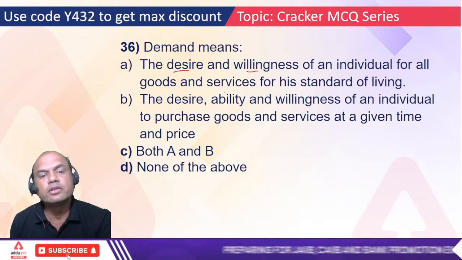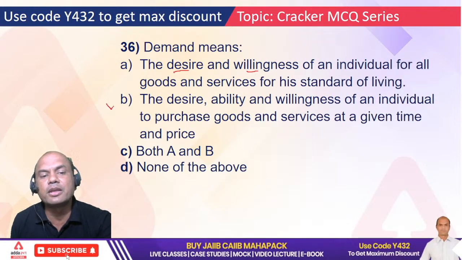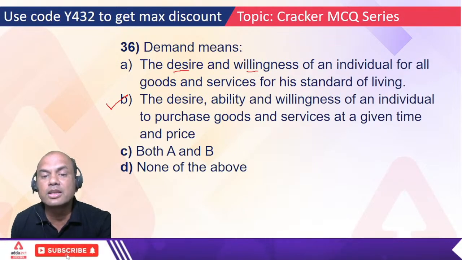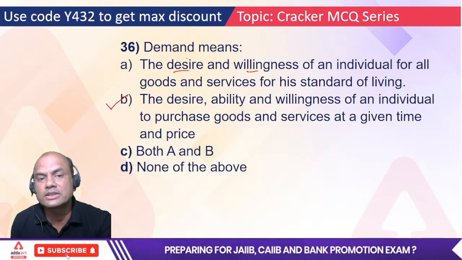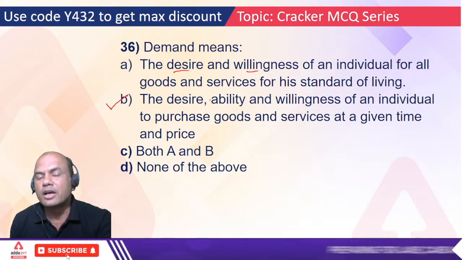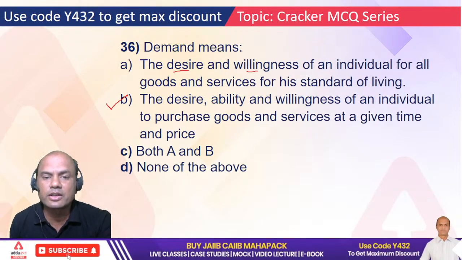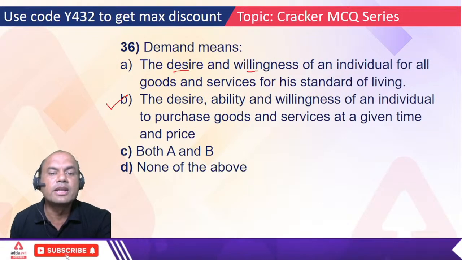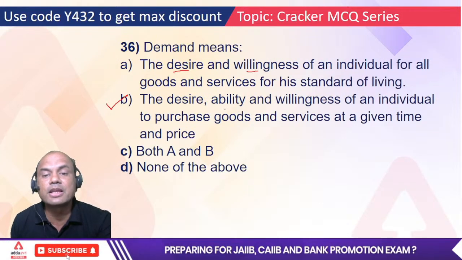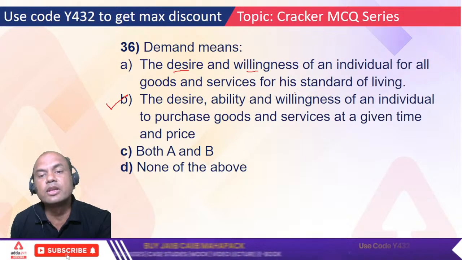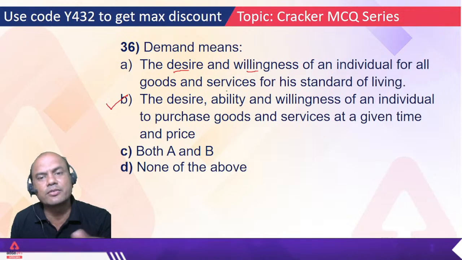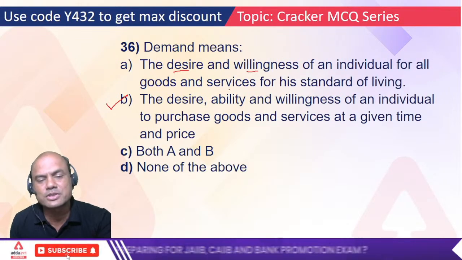So the correct answer is only B. The desire, ability and willingness, all three things should be there, then only it's called demand. Otherwise, if wishes were horses, beggars would ride, isn't it? That's the logic. Everyone has desire and willingness. Ability, that's a question mark.